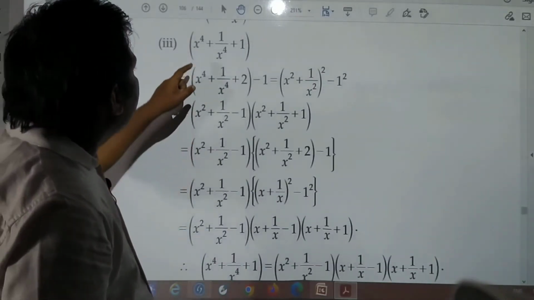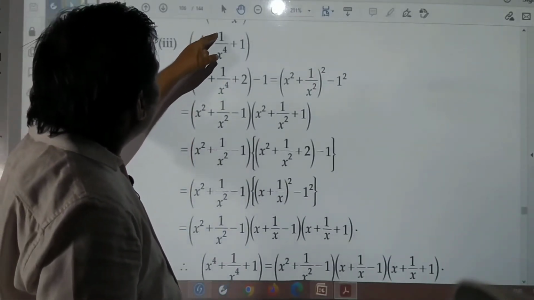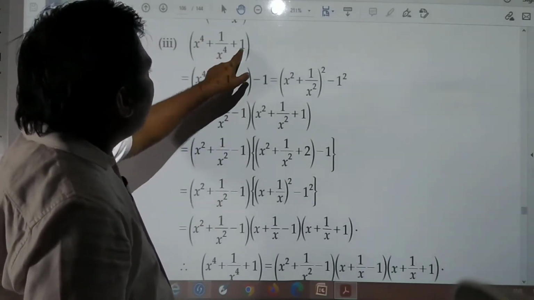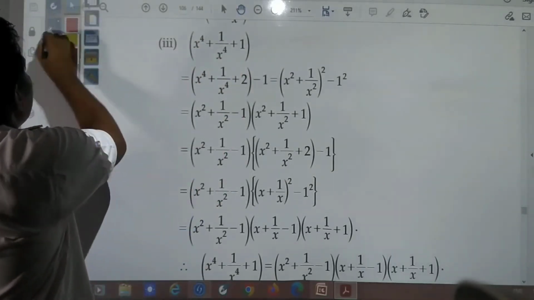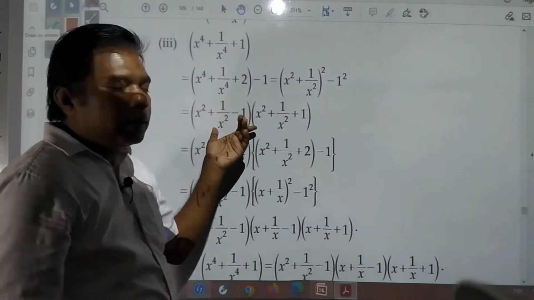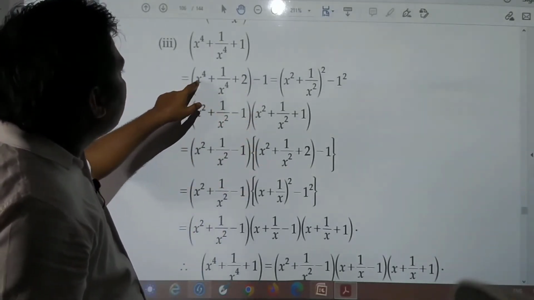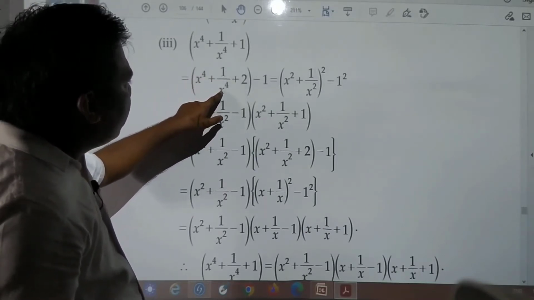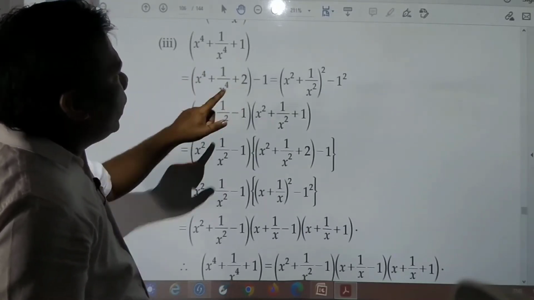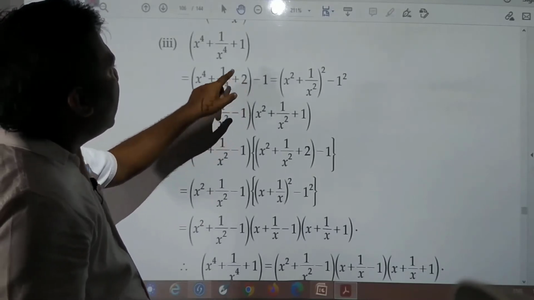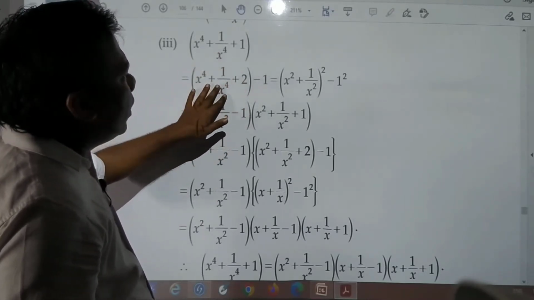Then you have x to the power 4 plus 1 by x to the power 4 plus 1. Again here also these things are required to be practiced so that you will remember how it will be solved. x to the power 4 plus 1 by x to the power 4 plus 2 you need to do, so that again we can get the formula.